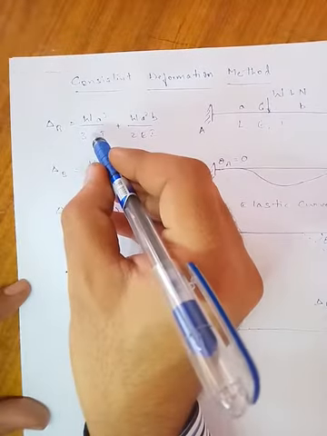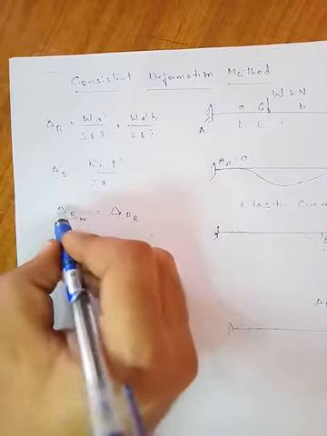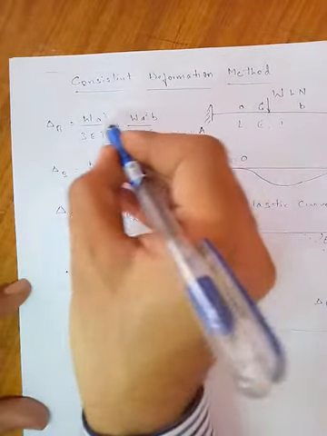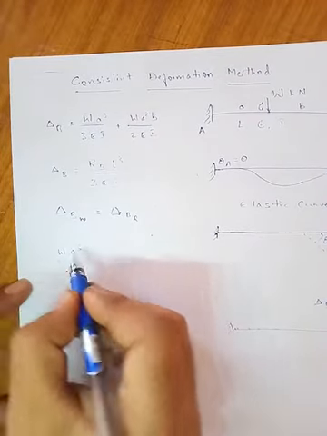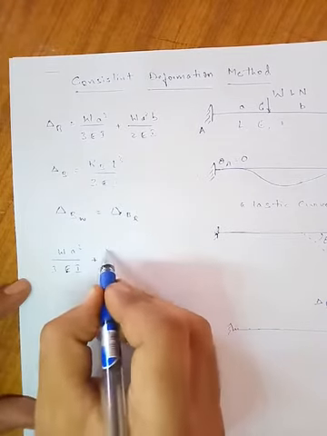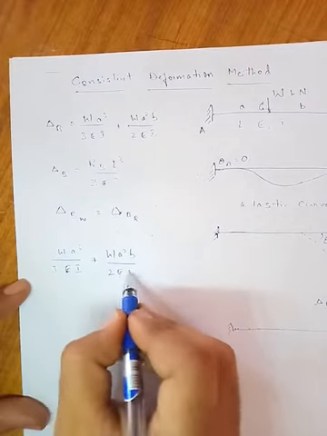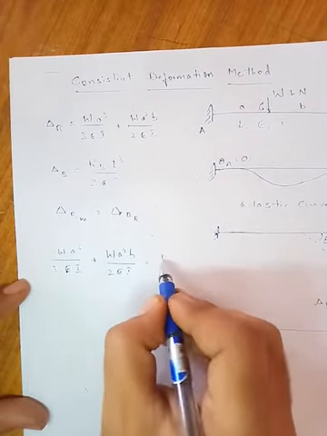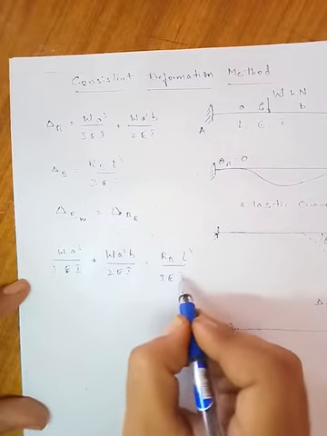Here this is negative, but since it is on the opposite side of the equation, no need to write negative. W A cube upon 3EI plus W A square B upon 2EI is equal to RB into L cube upon 3EI.